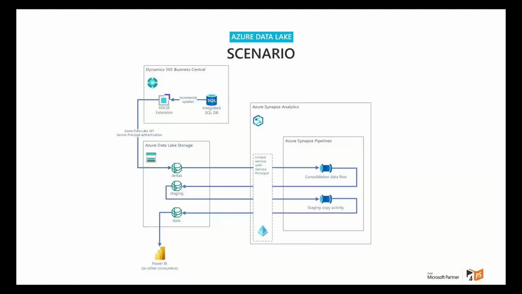It will check if there are deltas, compare it with the older data that's already there in your data lake storage, put it in the staging table, and then copy it to your real data folder. And then if it's in your data folder, you can analyze it with Power BI or, as I said, with machine learning or other functions.